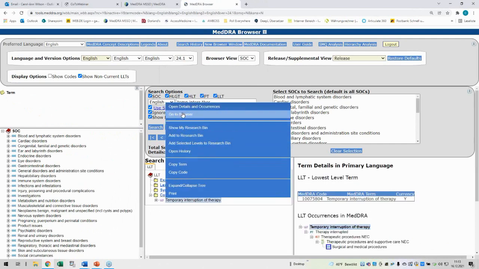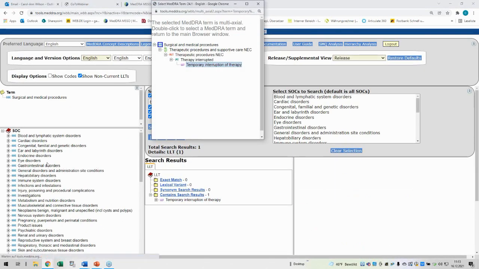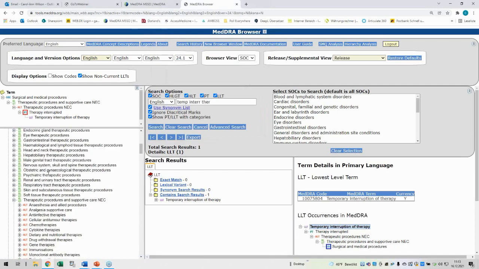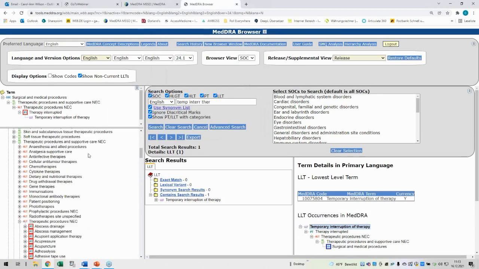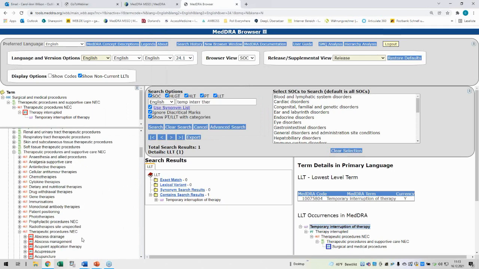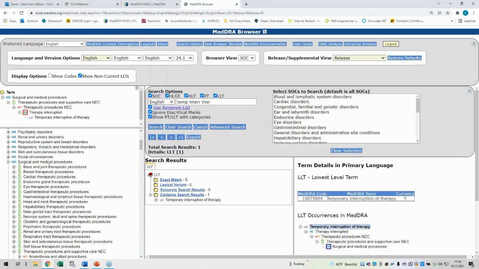Remember what we saw earlier in the companion document. So this would now be the appropriate term selection, temporary interruption of therapy, grouped under the HLT therapeutic procedures, NEC, in SOC surgical and medical procedures.